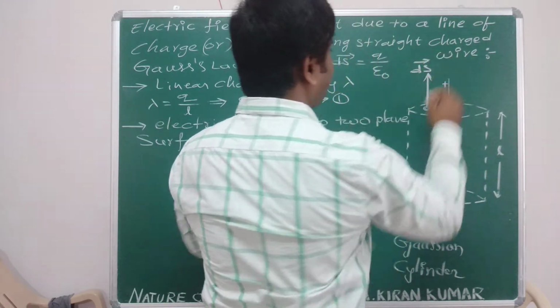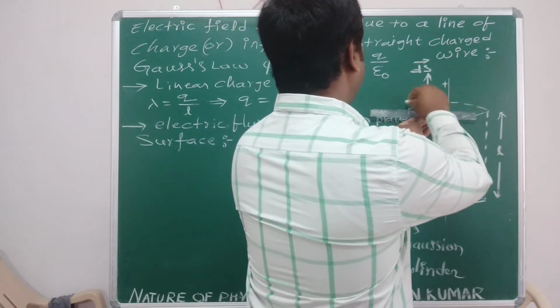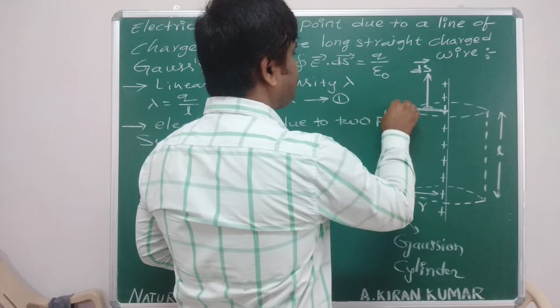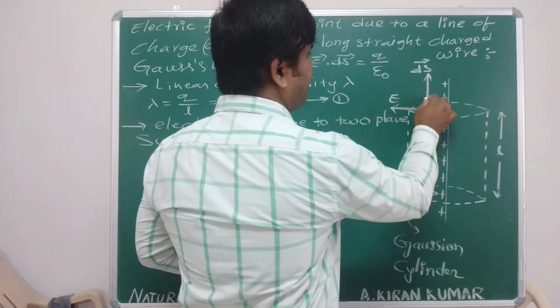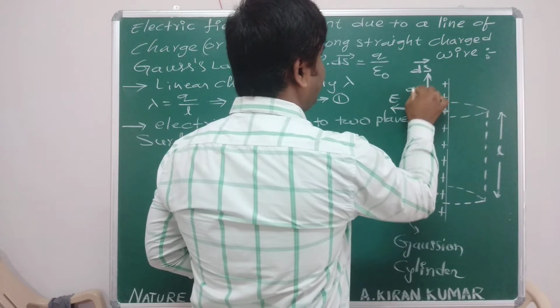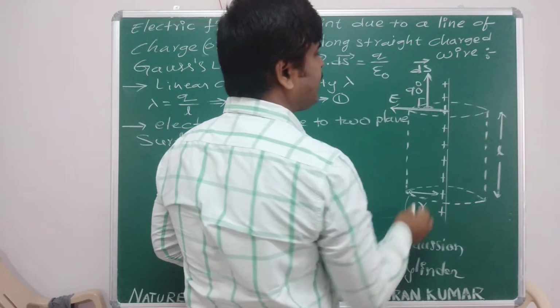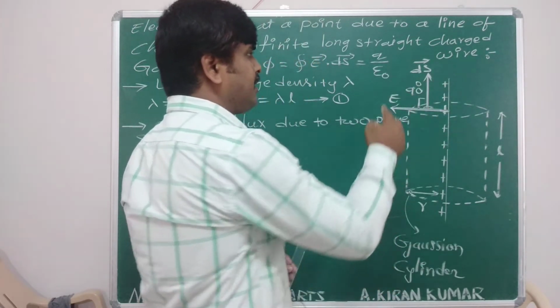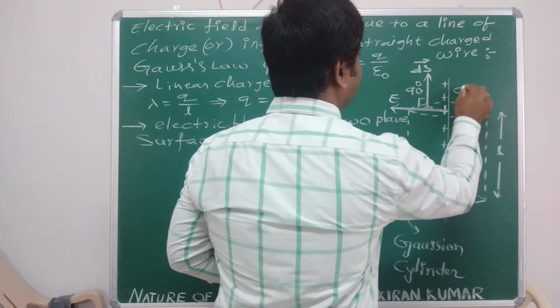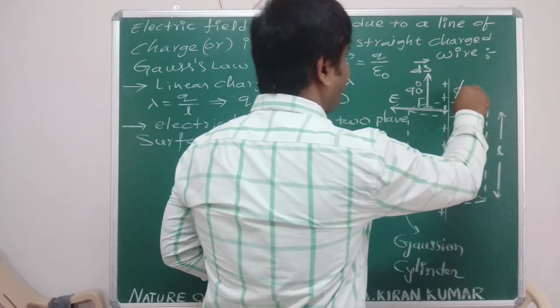Here the electric field is in the radially outward direction from the positive charge. What is the angle here? 90 degrees. So theta is 90 degrees. And this flux is taken as phi 1.